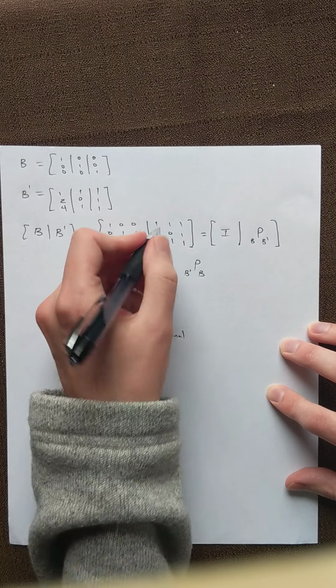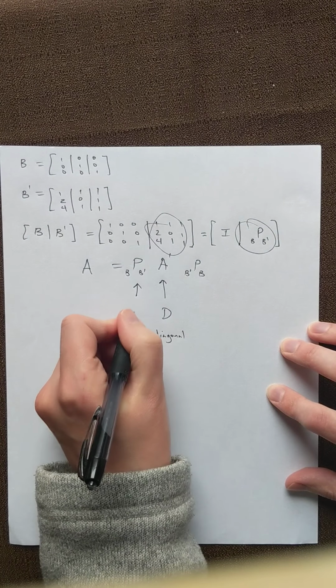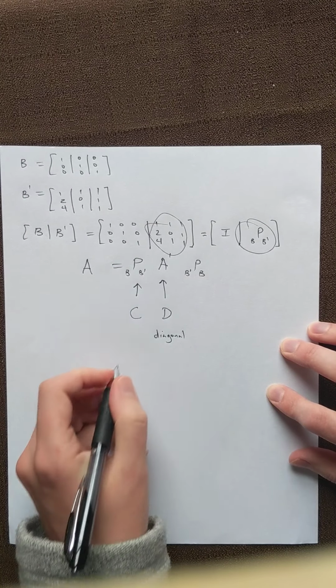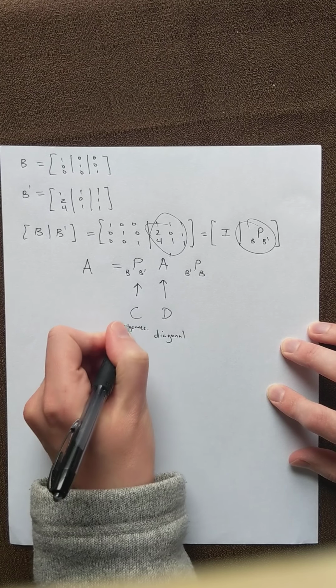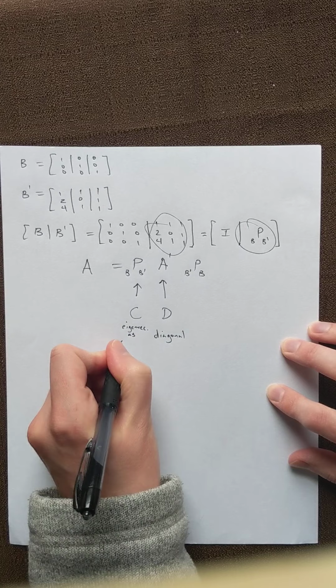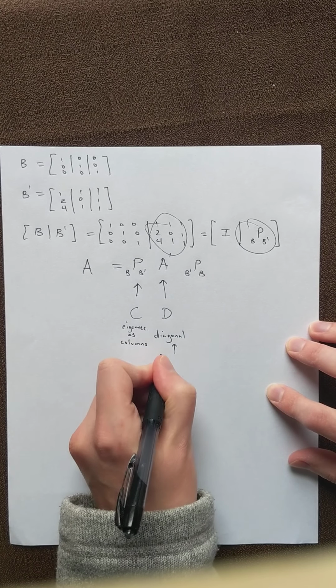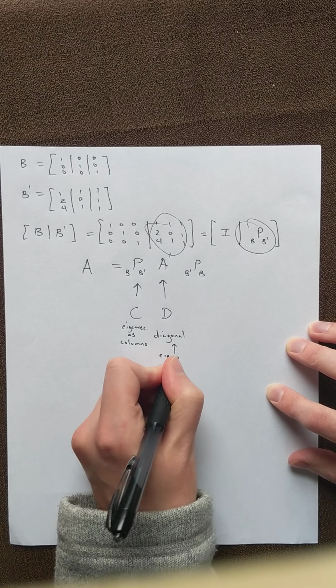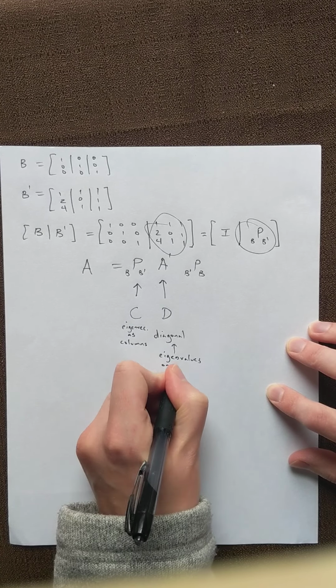That's the matrix P. That one over there, I'm going to call this C. And it has eigenvectors as columns. The diagonal has eigenvalues on the diagonal.